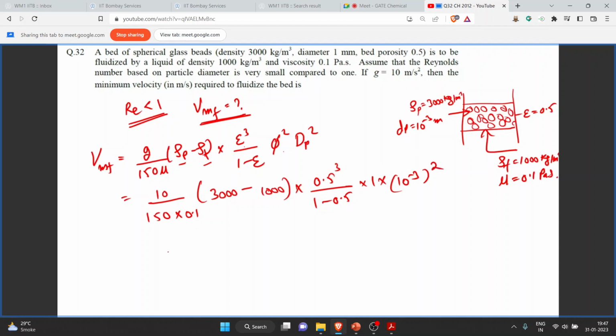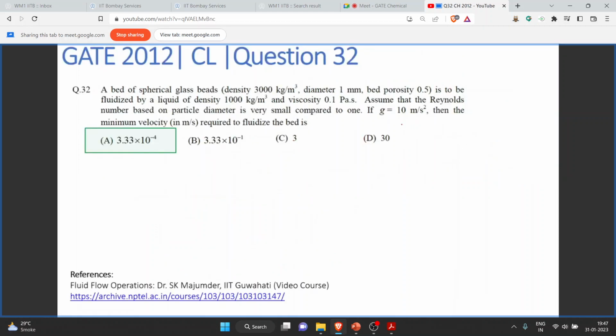So we can solve this numerically, and we will get the minimum fluidization velocity as 3.33 into 10 raised to minus 4 meter per second. So we can select the final answer as option A, that is, the minimum velocity required to fluidize the bed is 3.33 into 10 raised to minus 4 meter per second.